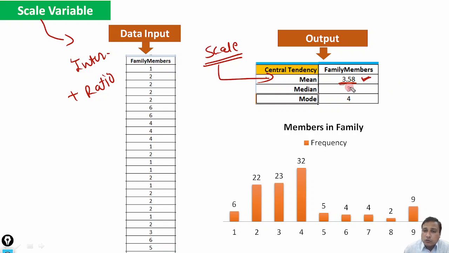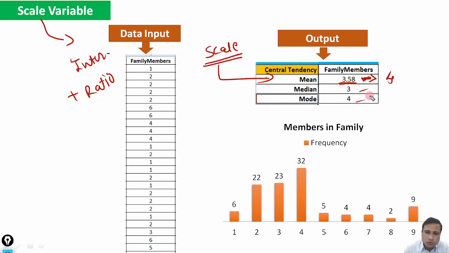To give proper meaning to this 3.58, I'll round it to 4. Then I'll say the average size of family of my respondents is 4. I mean there are averagely 4 members in a family of my respondents. So this is the way that I can interpret this.